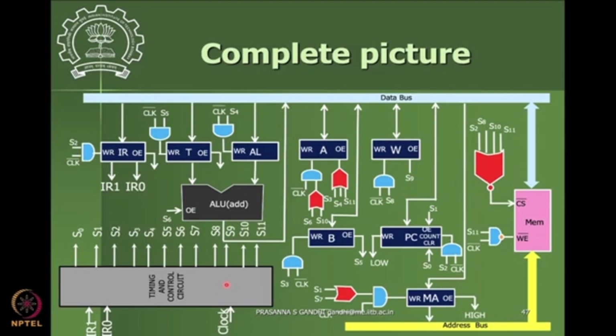Typically you will not get to see this in the microprocessor datasheet. What you will see is only the architecture, that okay, this has these registers and these registers have this functionality. How it happens, you don't have to bother about. So this is like a complete picture of a typical operation execution that happens in the microcontroller.